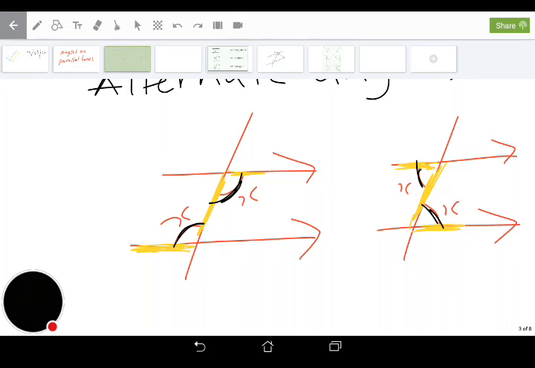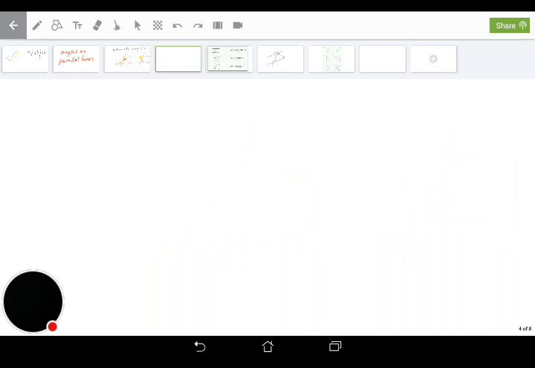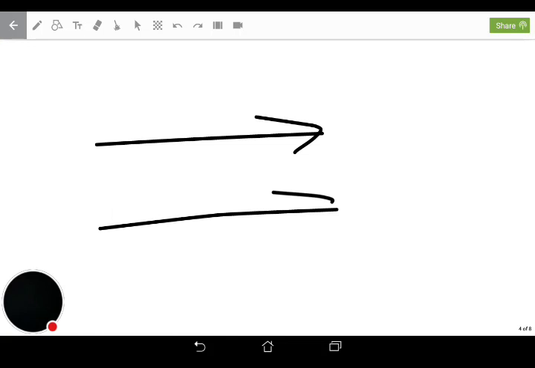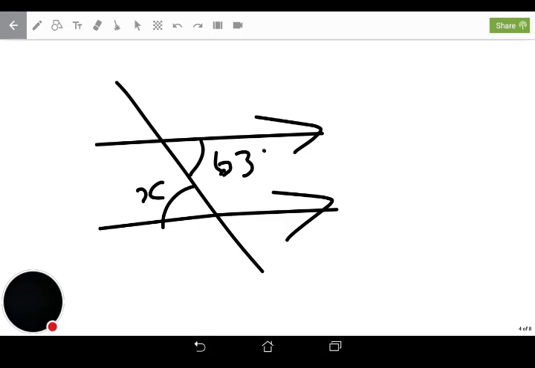Let's have a look at an example of an alternate angle. Say we knew this angle was 63 degrees, and this was called angle X. We can see that these are alternate angles, on the turns of the Z. They would both hold the same value, so X would be 63 degrees.